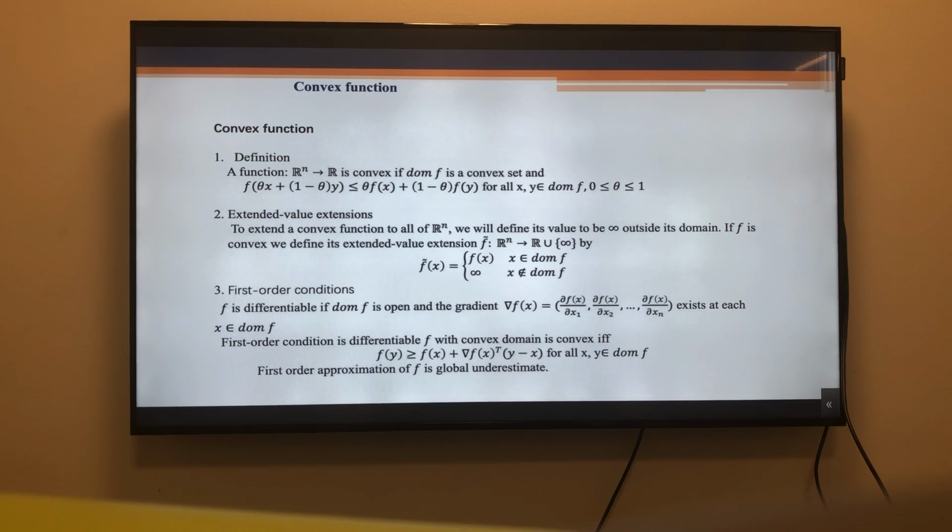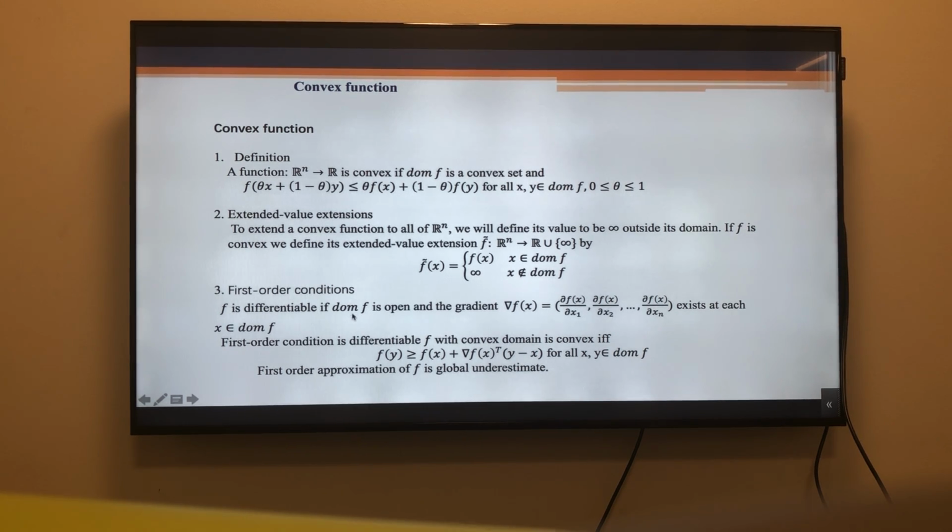So if f is convex, we can define its extended value extension f tilde as two parts. If x is in the domain of f, it should be f(x), and if it is not, it will be infinity.